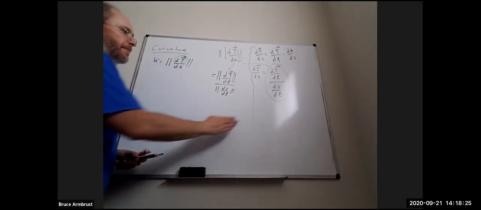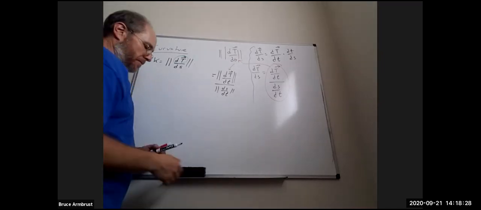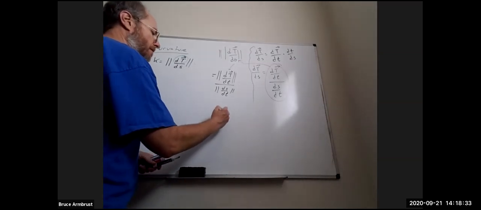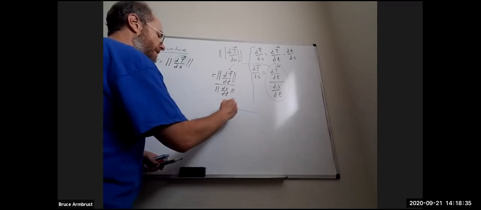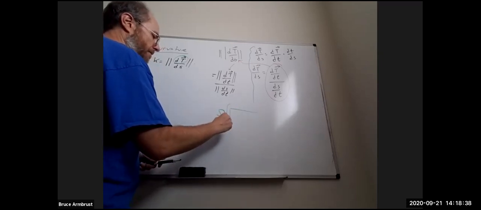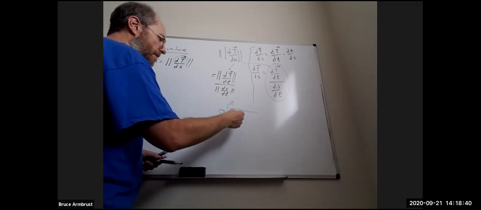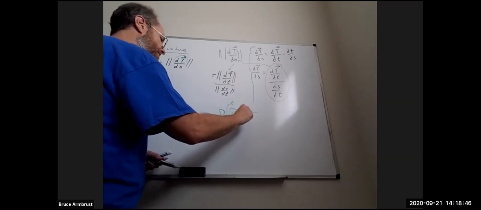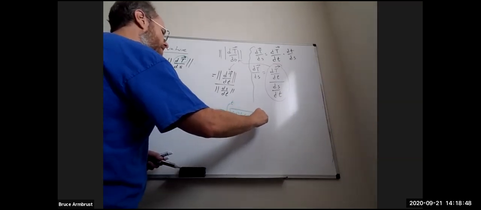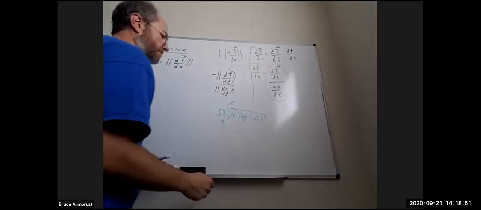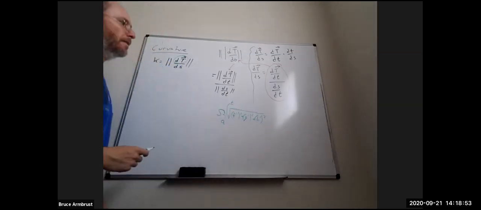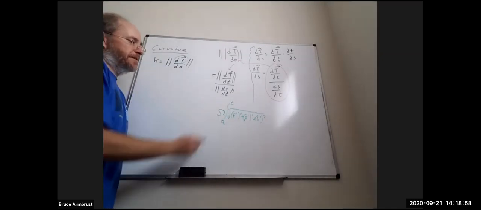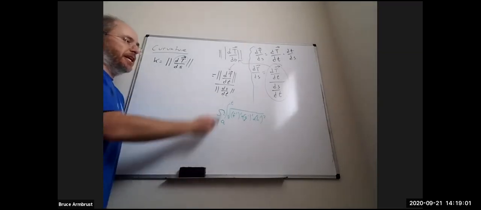So I want you to go back and think about how we defined s, right? s was the integral from a to t of the square root of f prime squared plus g prime squared plus h prime squared. So we're going to take this and differentiate it with respect to t.